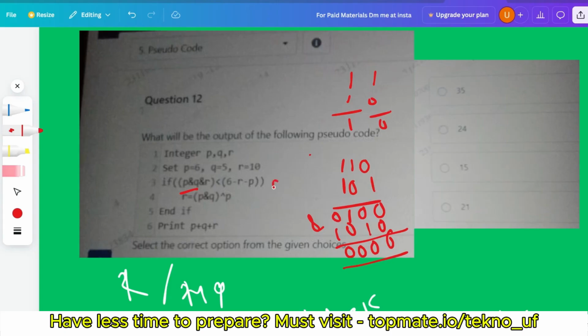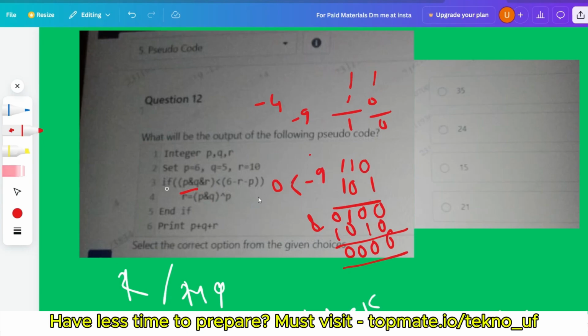So 0 less than p minus r minus q. Let us calculate that. 6 minus r means 10, so 6 minus 10 is minus 4. Minus 4 minus 5 is minus 9. So is 0 lesser than minus 9, lesser than any negative number? No. So this is false.